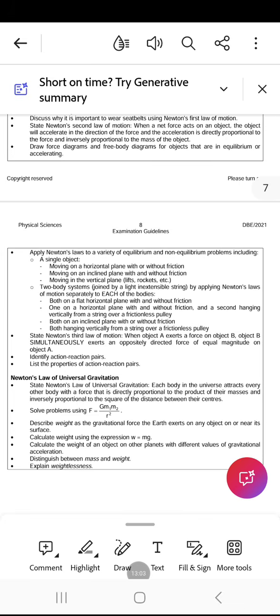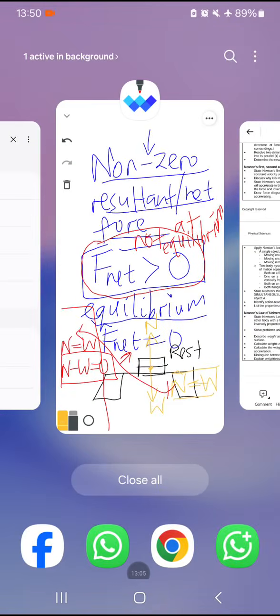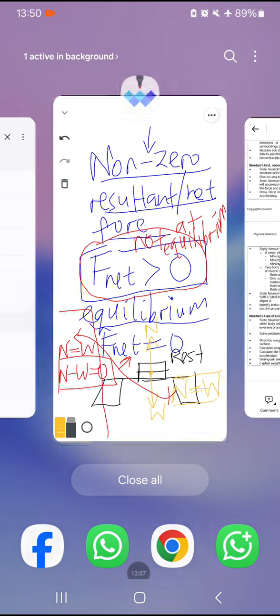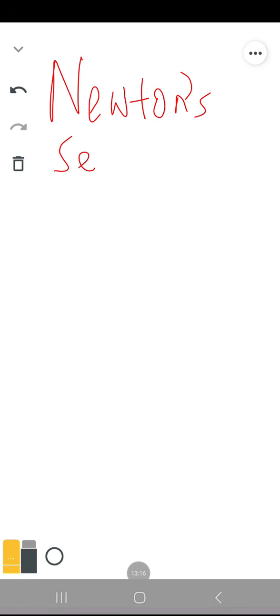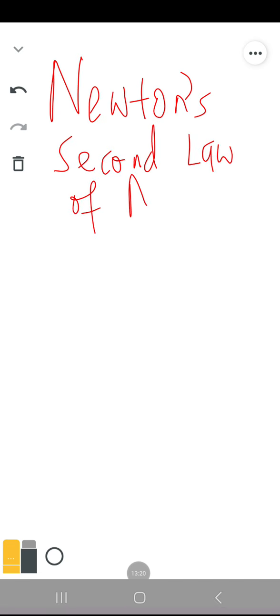So, acceleration. Before I explain more of this definition, we go to Newton's second law of motion. Good.